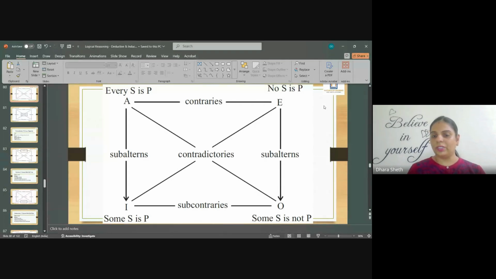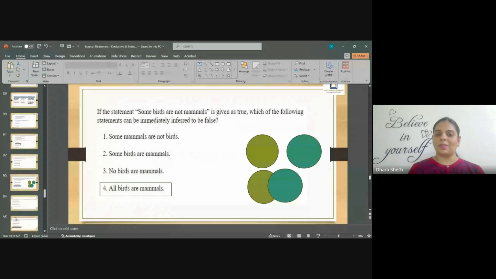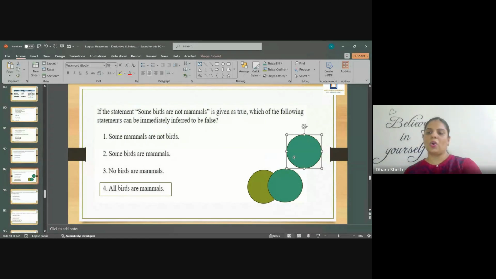That is not given. But one confirmed contradiction is this: every S is P. So using this, we can know that if O is given, then its direct contradictory is A, that all S is P or every S is P. Based on that, the only possibility that remains here is all birds are mammals. So both the ways you can solve the question.